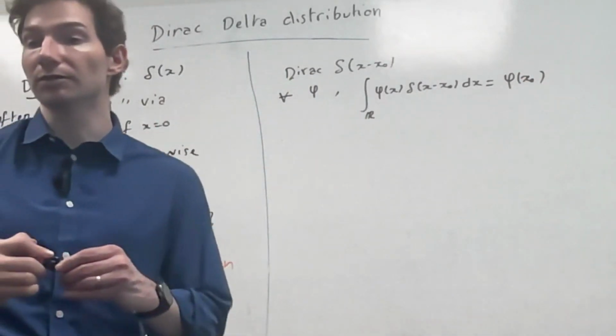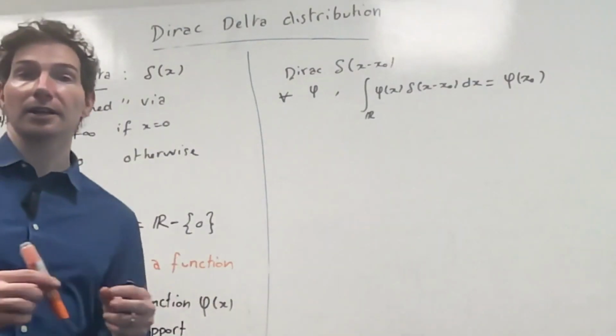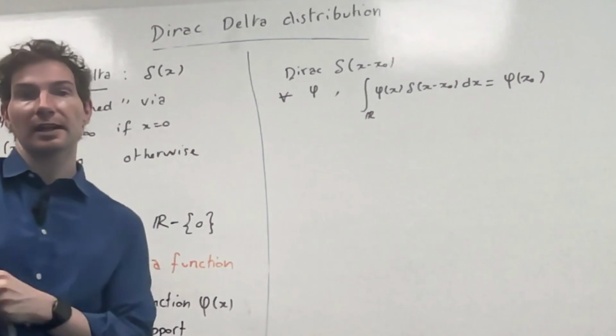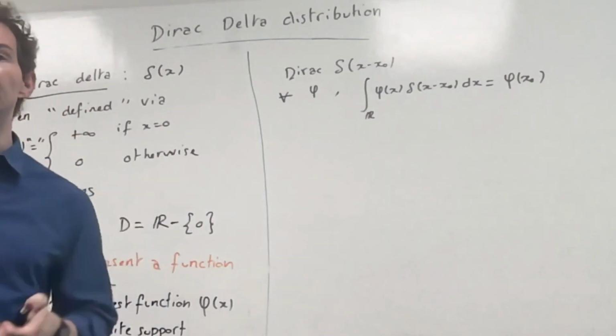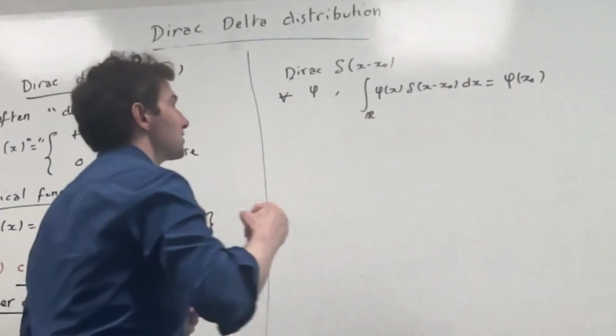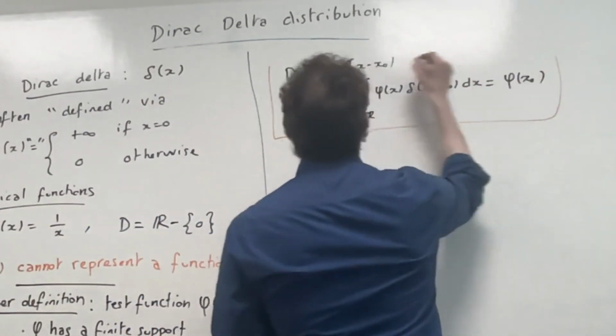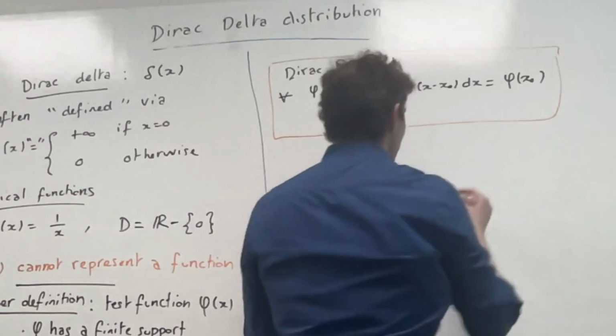Okay, that is an actual definition of the Dirac delta that at least has the advantage of not involving any kind of singular behavior. So that's how it could be defined.